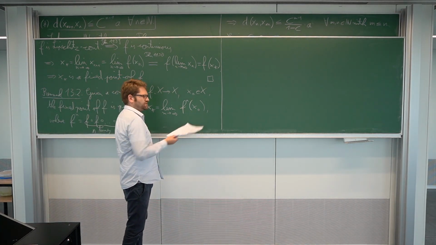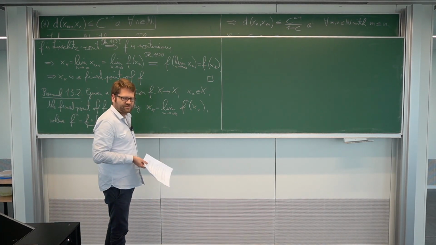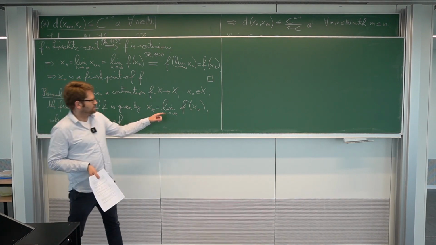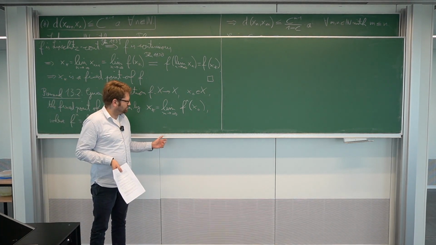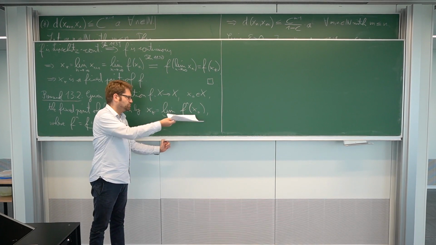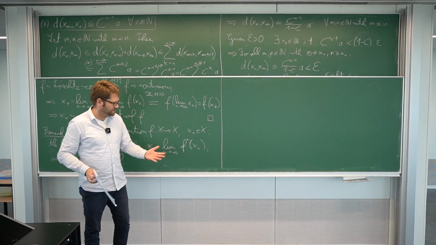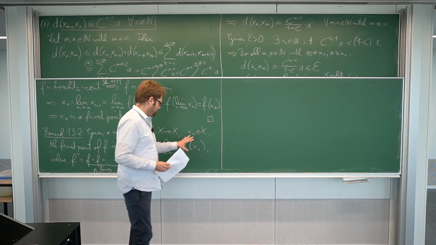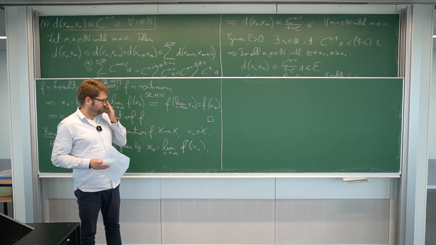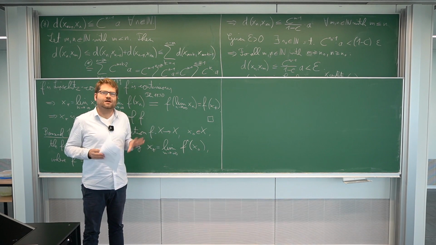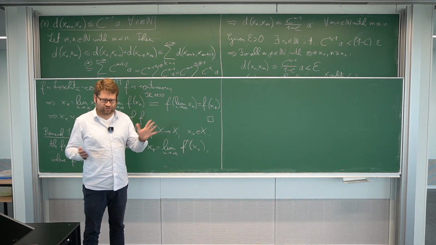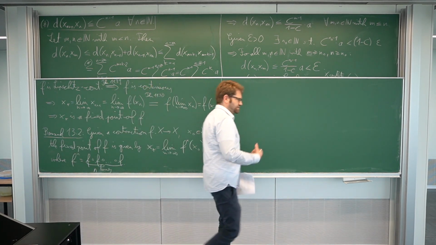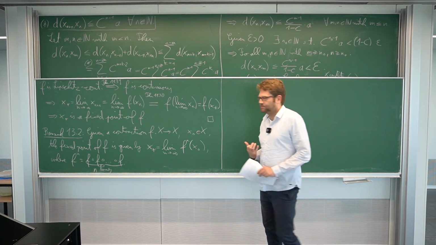We just start with some particular point, maybe something very simple if our metric space is simple. And then if we know how f is given explicitly, then we can just compute the sequence and maybe compute the limit explicitly. So this follows directly from this method of proof. This is basically a nice lesson why you should also be interested in proofs and not just in theorems and statements, because they really tell us how things work.